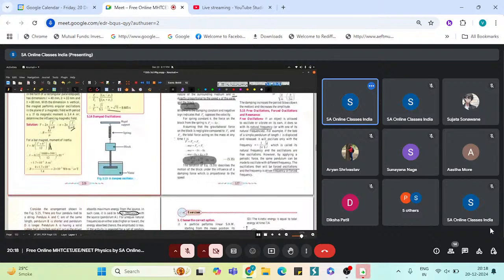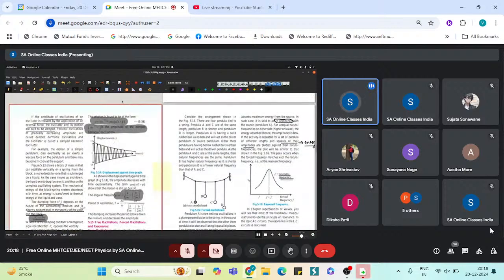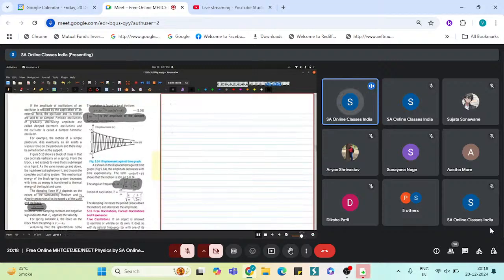So that's fine. And now we'll come to the next, or the last, topic of this chapter, which is damped oscillation. Damped oscillations are basically the most physical representation of oscillations in any case.